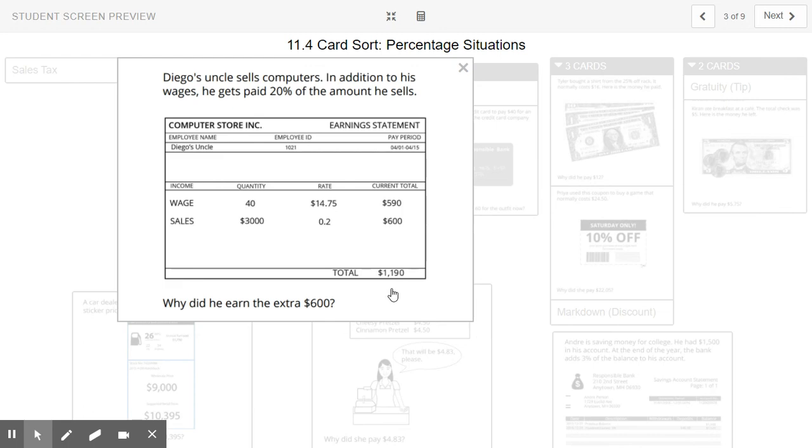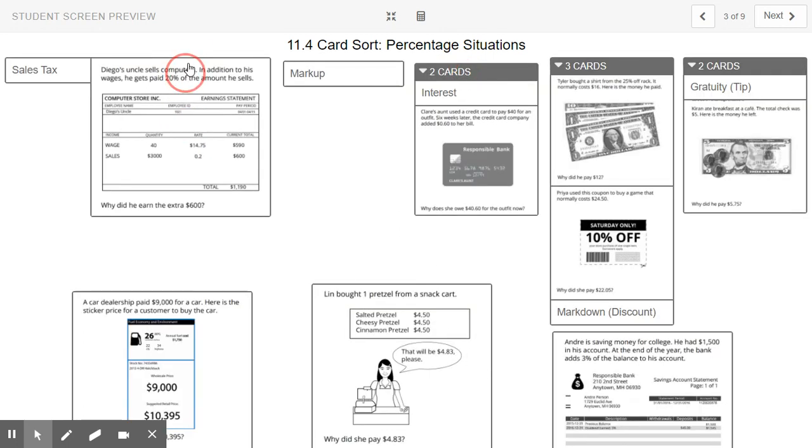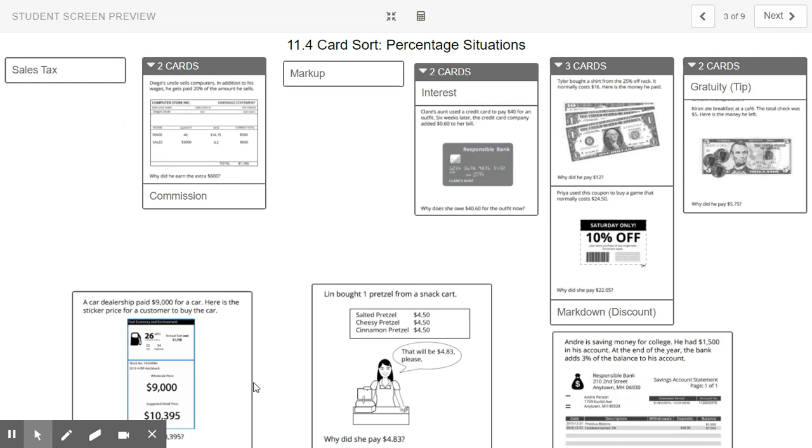So he actually got paid $1,190 for those 2 weeks. And this is commission, right? Because this is based on, he's getting money based on what he sold. So that tells me it's commission. Sometimes people like to put that into markup, but it's not.